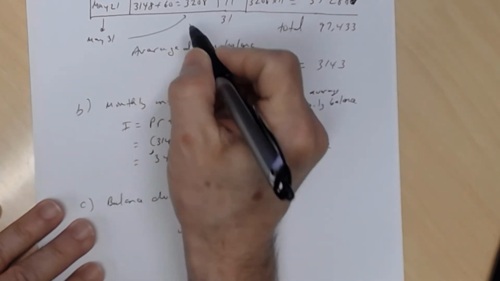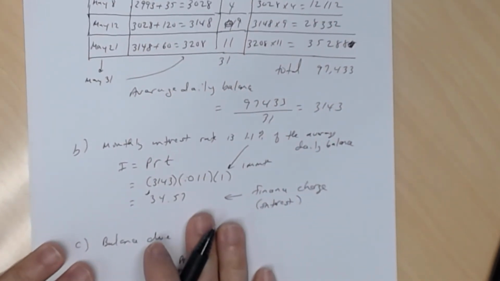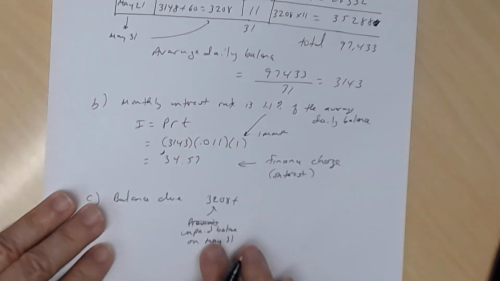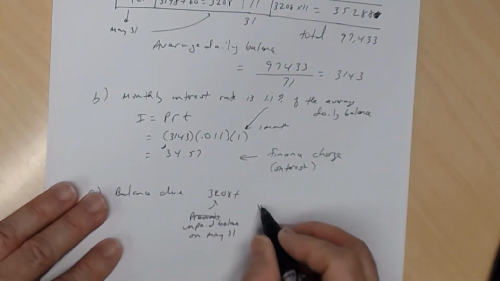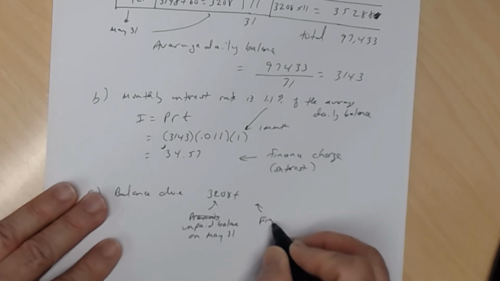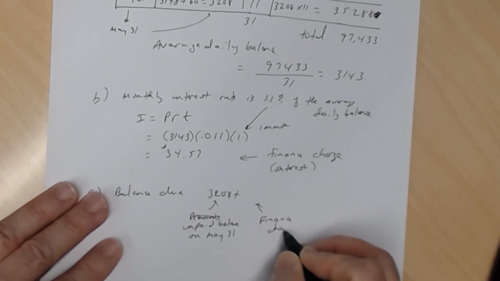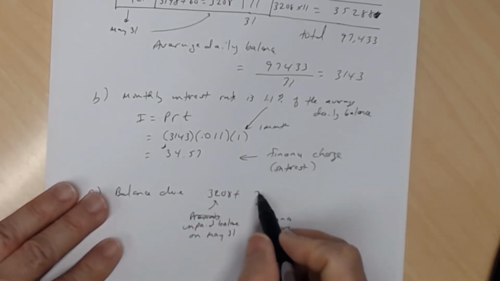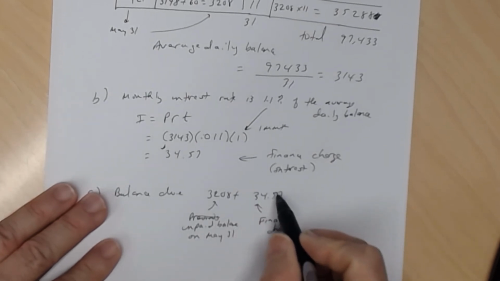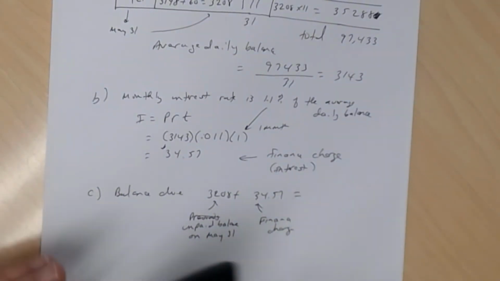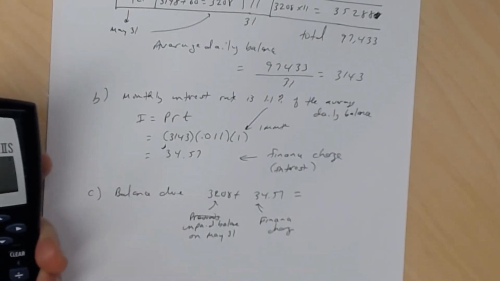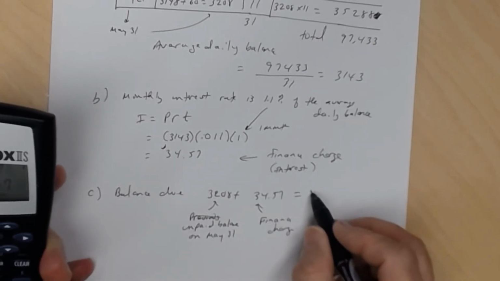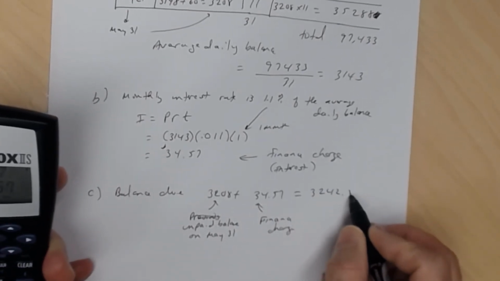That's your unpaid balance. So the unpaid balance on May 31st plus the interest, the finance charge, which is $34.57, so 3,208 plus $34.57 is going to equal $3,242.57.